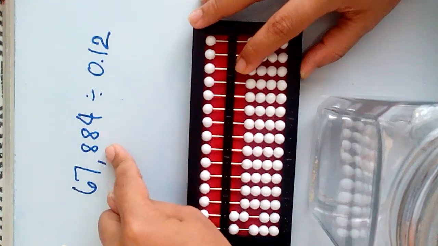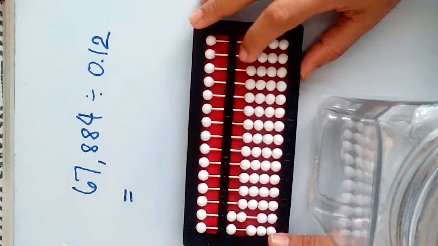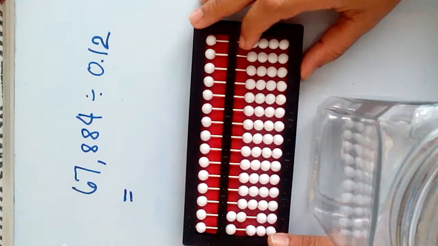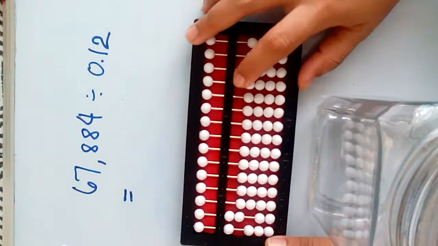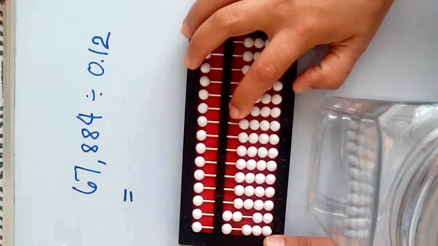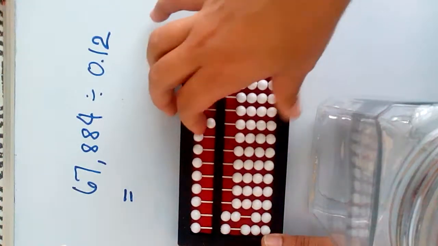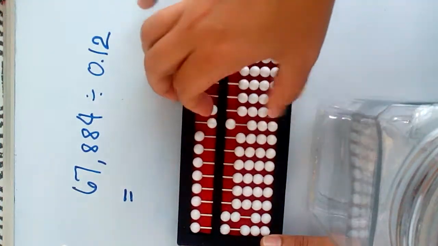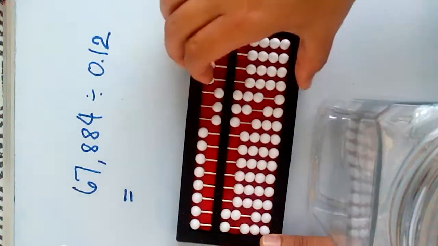The first rod and second rod are zeros, so the third rod, we will start counting as ones, tens, hundreds, thousands, 10,000s. So we will set the 67,884.